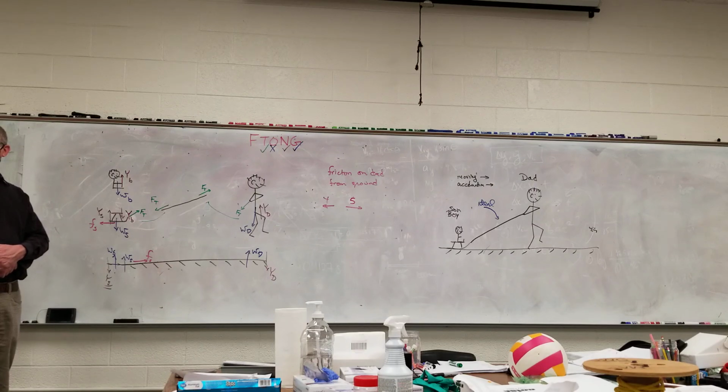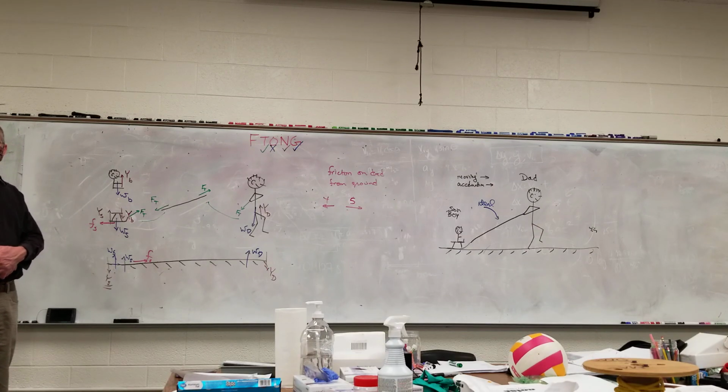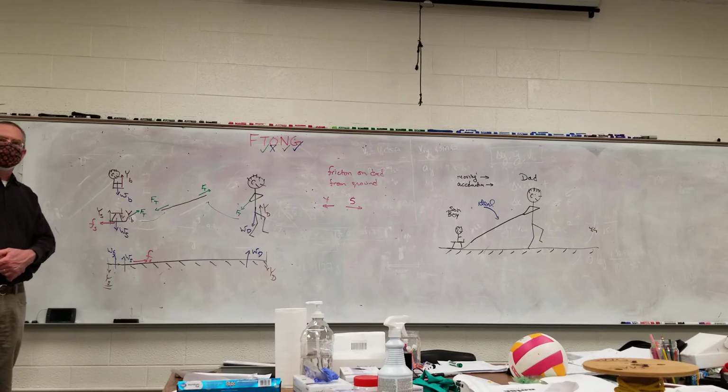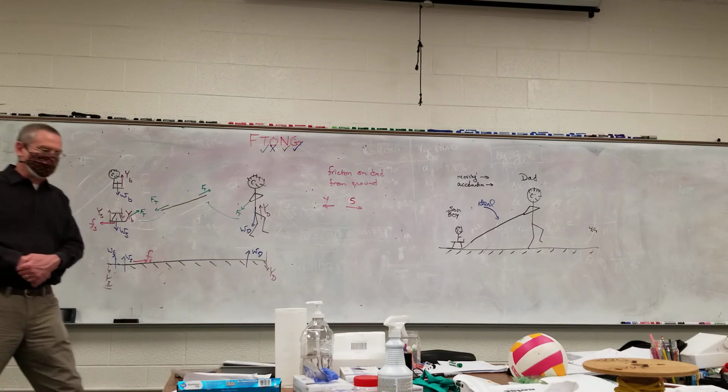So the force is going to be to the right on the dad, because he's pushing against the ground. All right, and somebody who said to the left? It's because he's also moving to the right along with the sled, and friction is wanting to prevent that. All right, appreciate you both speaking up.